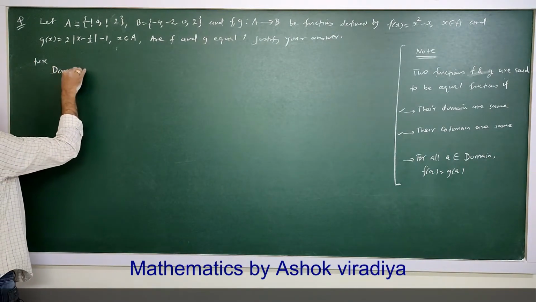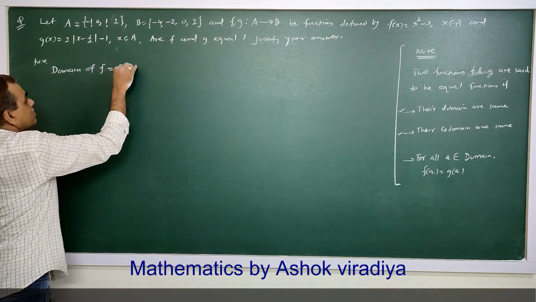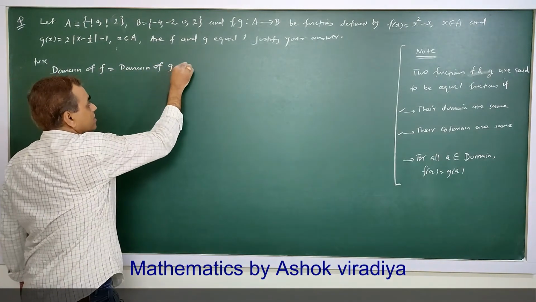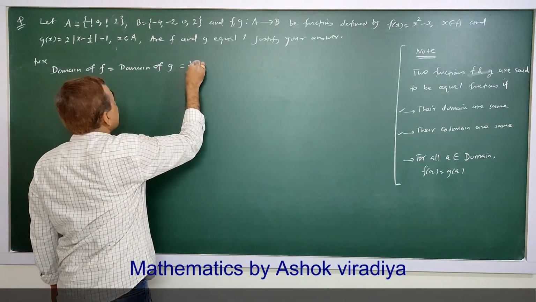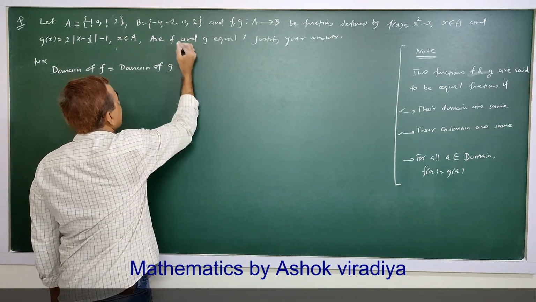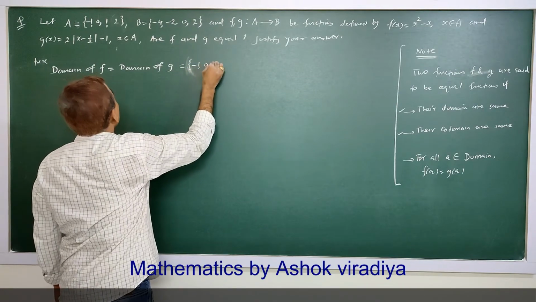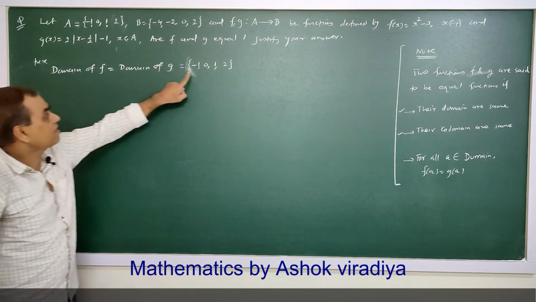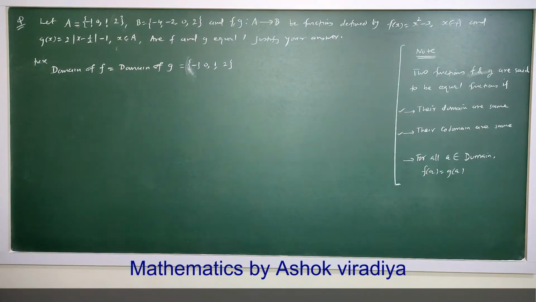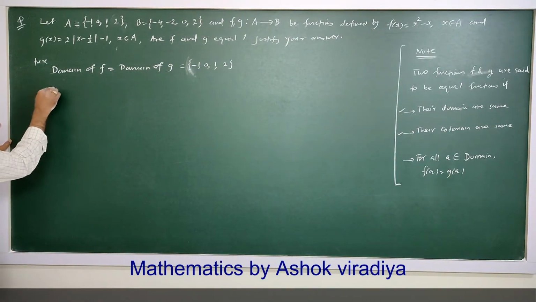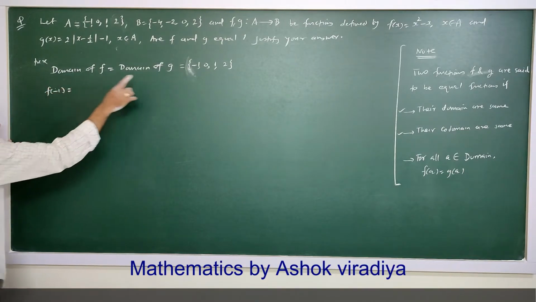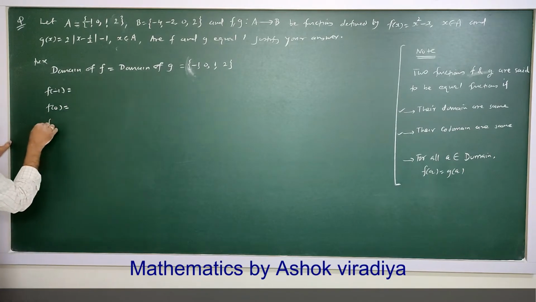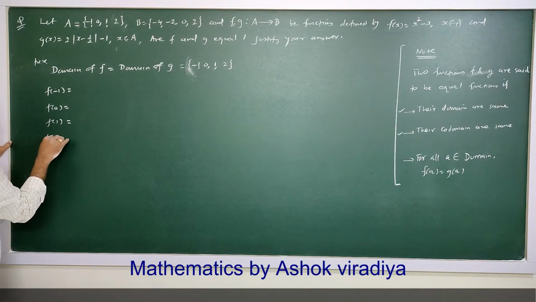So both functions will work on elements of this set A. First of all we find f of minus 1, then f of 0, then f of 1 and f of 2.